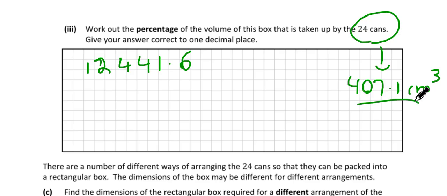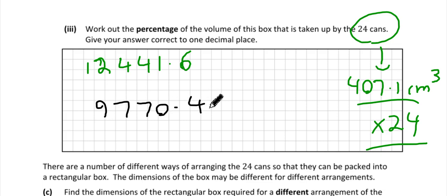What do I have to do with that number there? Just 24 of them. Times it by 24. Times that by 24 for me. Get me an answer when you're ready. You'd imagine you're hoping to be above 80%, if most of your space is used for the cans. 9,770.4.